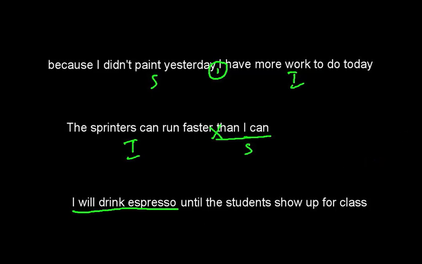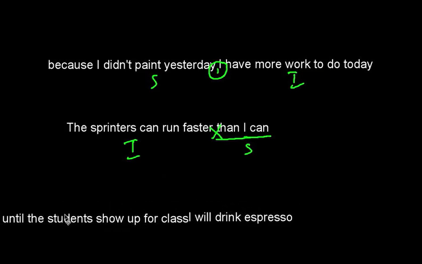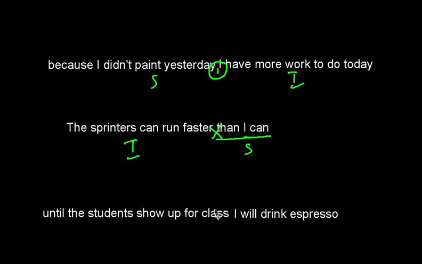If we want to try moving them around, until the students show up for class, I will drink espresso. And of course, then in this case, you are going to need that comma.